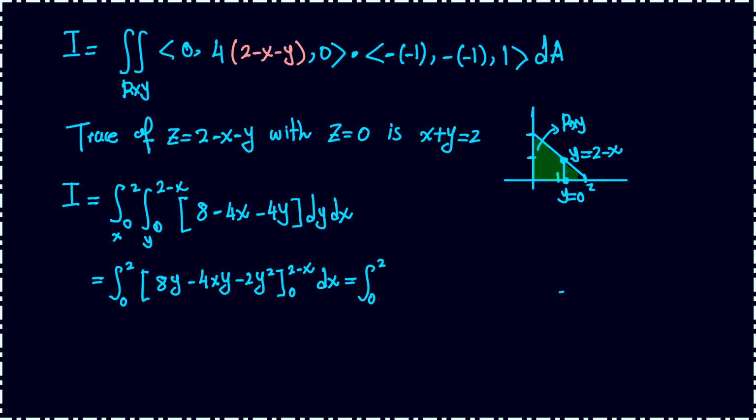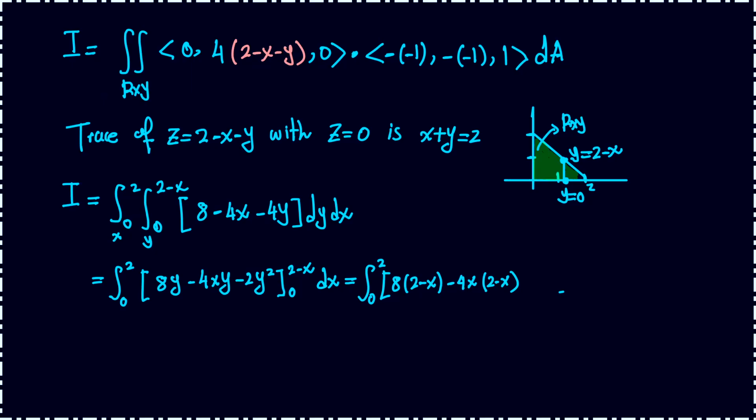Okay, so plug in, right? You have 8 times 2 minus x, right? So we're just applying 2 minus x onto y. The second term is going to be minus 4x times y, which is again 2 minus x, right?